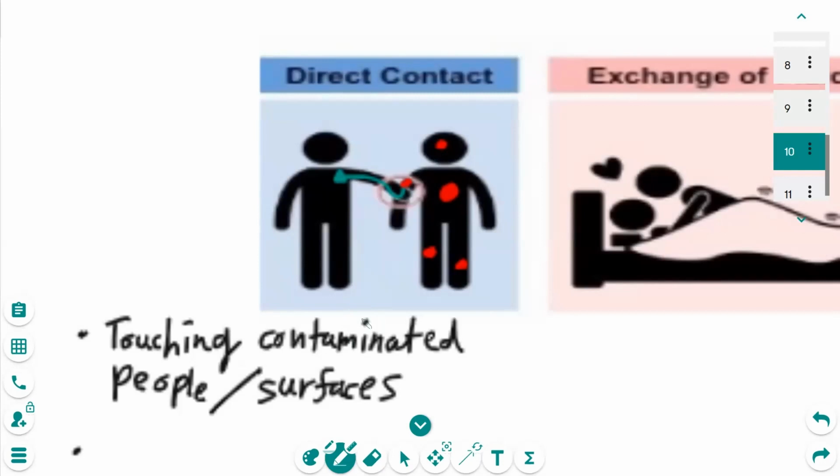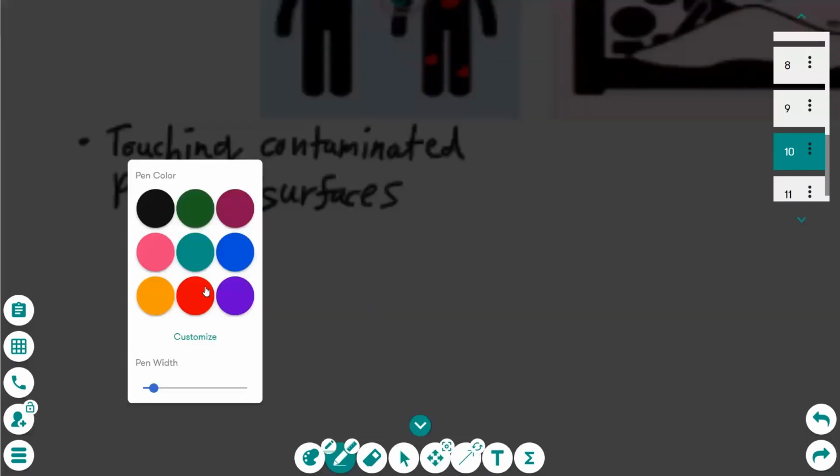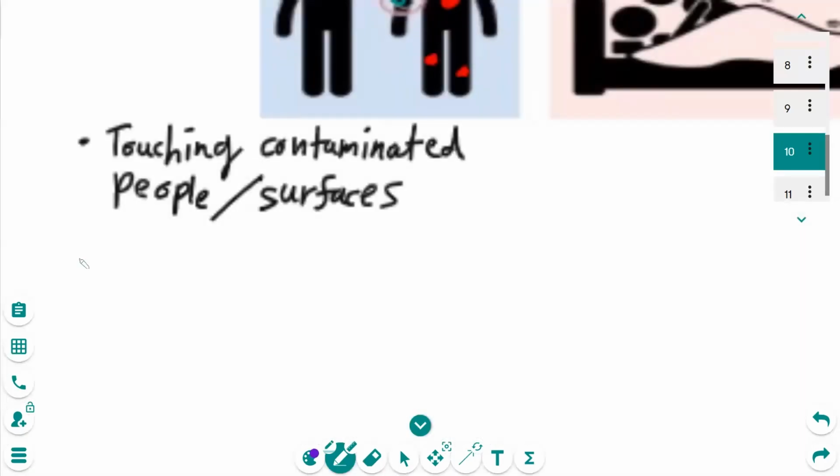So examples of that, I'm going to keep with the theme of purple for examples, is HIV. I'm going to do bacterial meningitis.